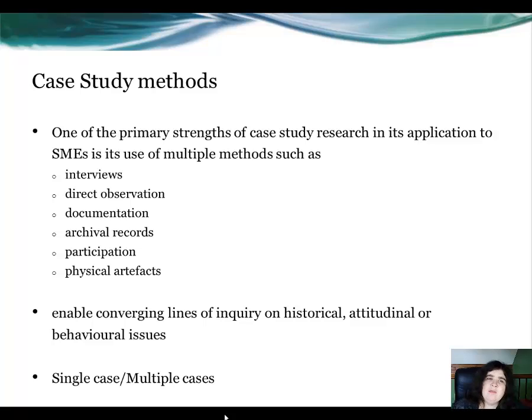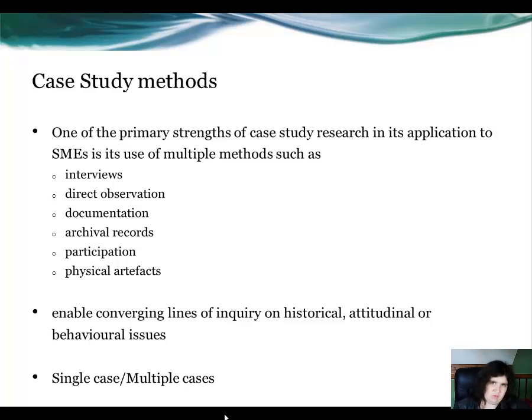So with the case method, one of the primary strengths is its application to SMEs. There are multiple uses that you can have with the case method, and that could be interviews, direct observation, document analysis, archival research, participation in the organization itself, or looking at the physical artifacts of the SME.